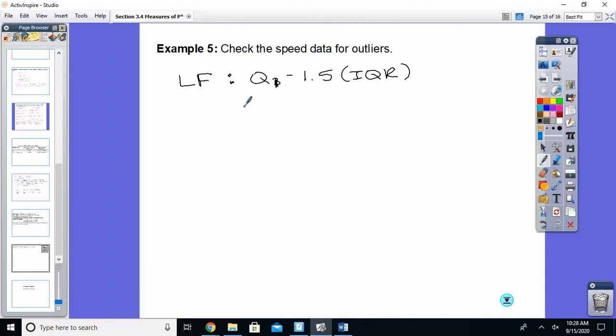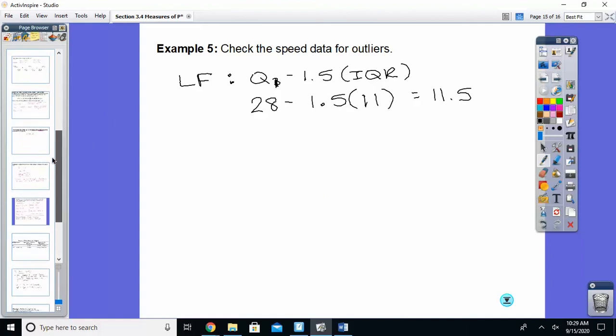Okay, for those 15 numbers, that's the last one we put in our calculator, our quartile 1 was 28 minus 1.5 times interquartile range, Q3 minus Q1, which was 10 for the original 14, but if I'm looking at the data with the 100 in it, it was 11. So if I calculate this, I get 11.5.